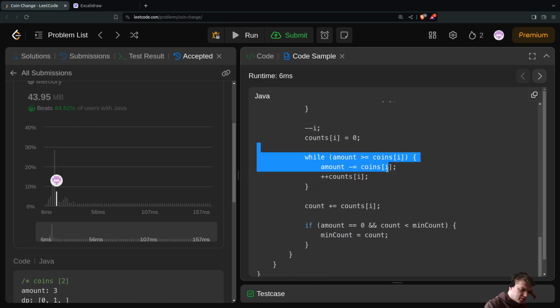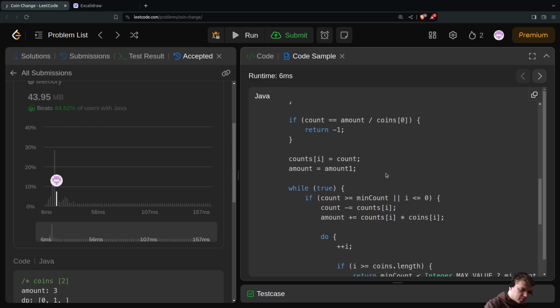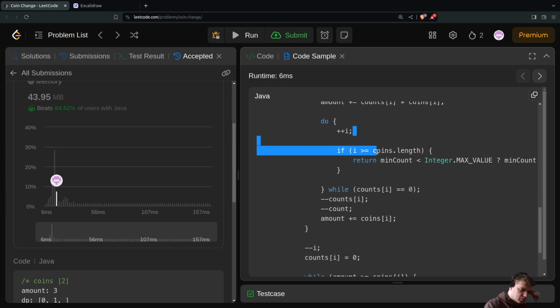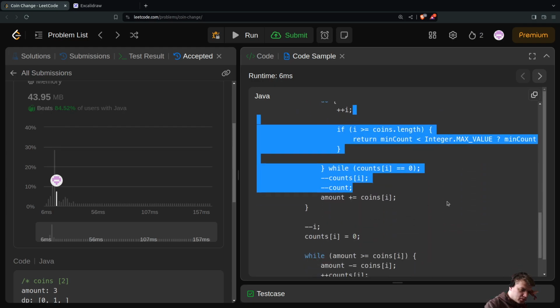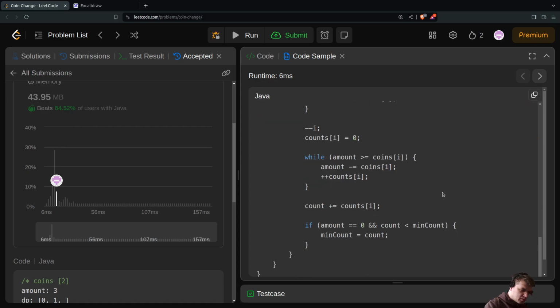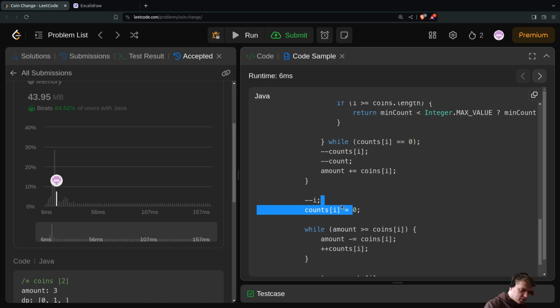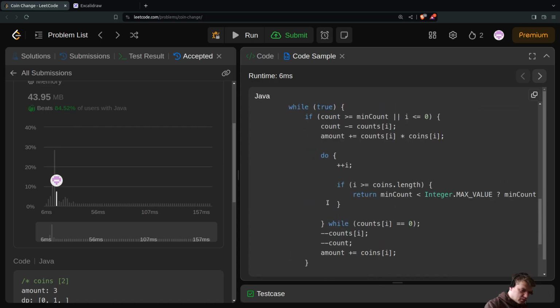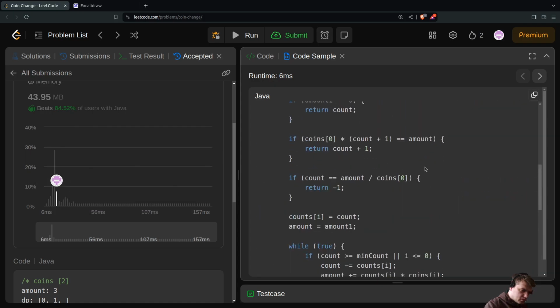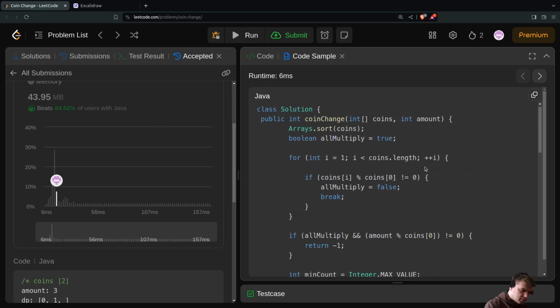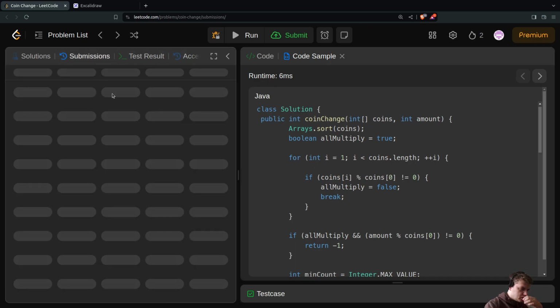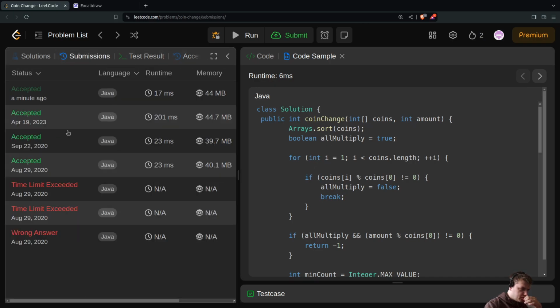Huh, this is a pretty long one. So it's basically what it does. So let's check what I was submitting before.